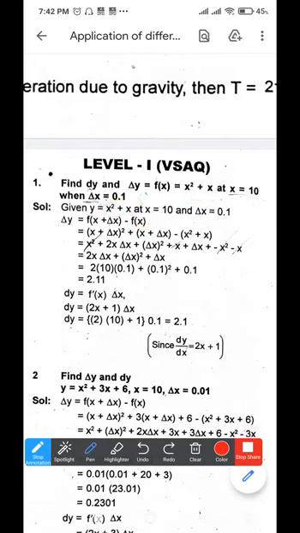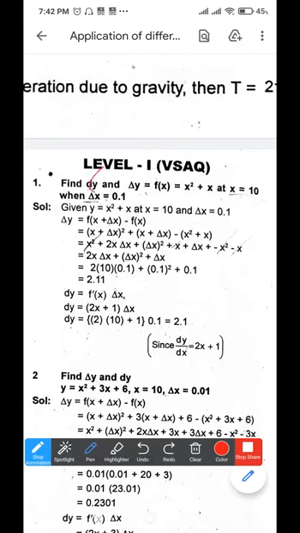Then open this bracket and cancel what is similar, and we'll get this formula. Then we already know the value of x is 10 and delta x is 0.1. Substitute those values and simplify carefully. We'll get delta y is equal to 2.11.